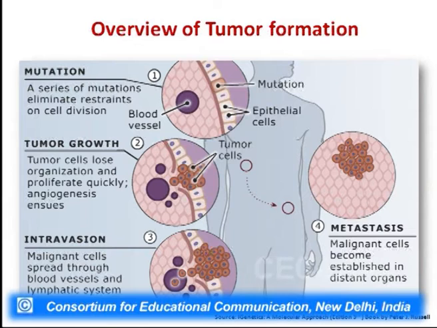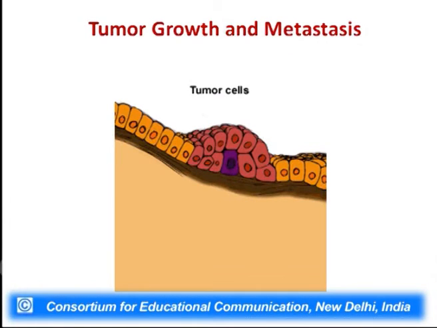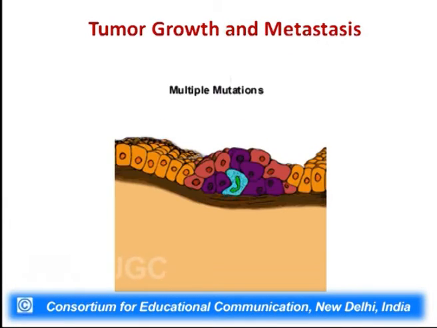If we see the image over here, we can see that the tumor cells were formed at one part of the body, and after the mutation, tumor growth and intravasion, metastasis has occurred and the cells have moved from one part of the body to another, and subsequently metastasized cancer develops throughout the body. Now, the animation over here shows how exactly things happen.